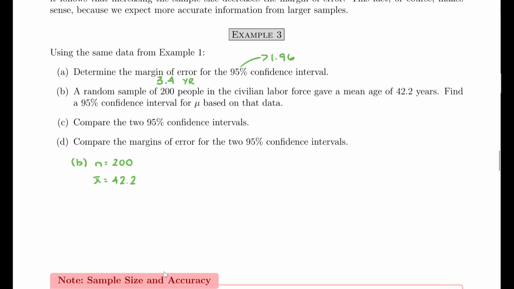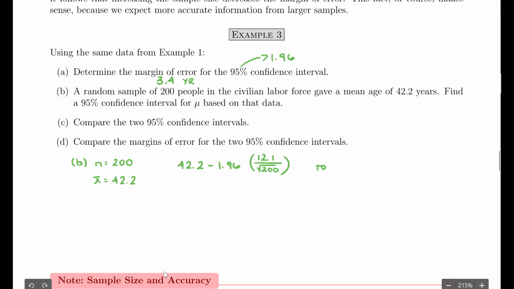So when we put this into our formula, we have 42.2 minus 1.96 times sigma, which is still going to be 12.1 over the square root of 200, because that's our new sample size.